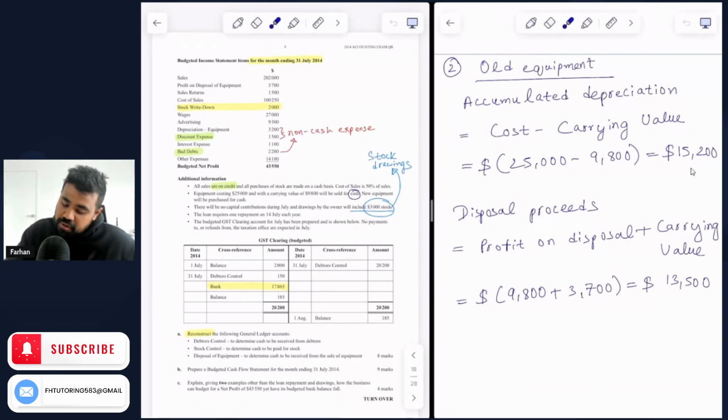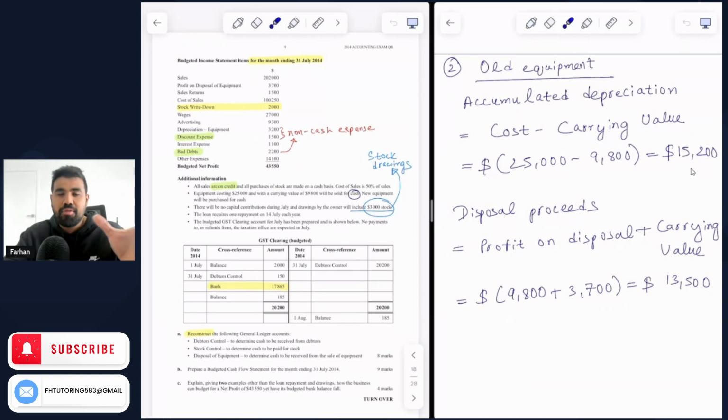You see I've added the profit on disposal with the carrying value. Why is there a profit on disposal? Check the income statement and you will see $3,700 profit on disposal of equipment. What does this profit on disposal of equipment mean? It means that whatever our asset was worth prior to disposal, which is $9,800, also known as the carrying value, we ended up selling it for $3,700 more, which is the profit.